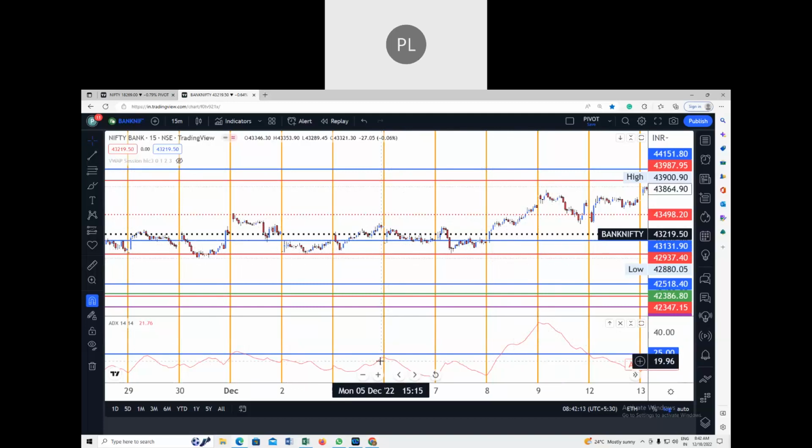This ADX is added only when you are trading with options, and similarly this also helps you to understand, see from here the ADX has gone below 25 and you can see the market has been in a narrow range. So ADX can be used to identify the narrow range, and when it starts moving higher, you can take a trade.